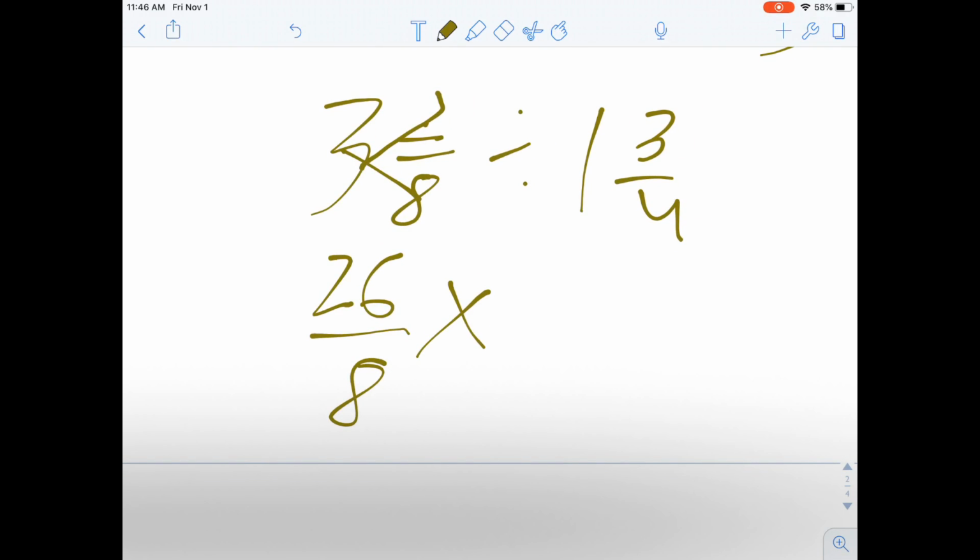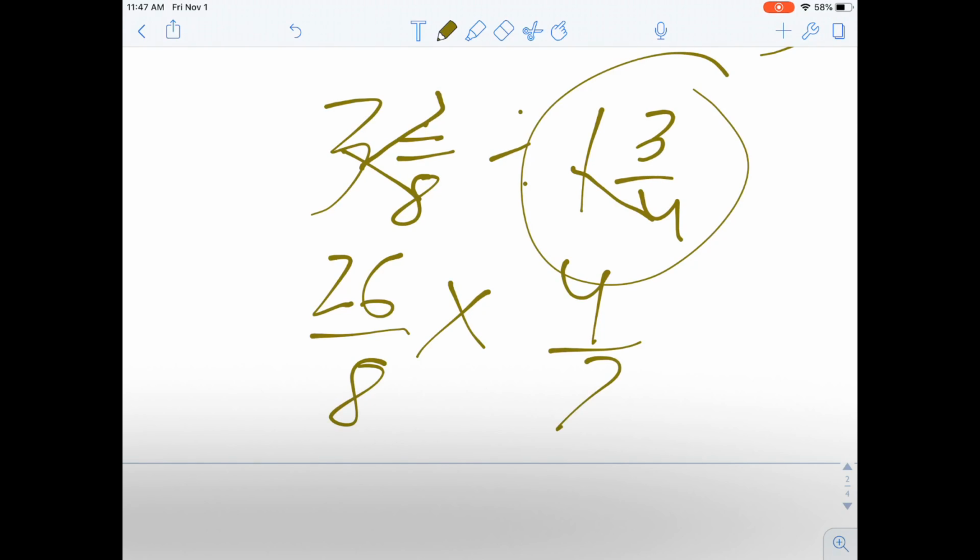then we change the second number into an improper fraction. So 4 times 1 equals 4, plus 3 equals 7. So 7/4. But since we're still finding a reciprocal, it would be 4/7. 4 divided by 4 equals 1, and 4 divided by 8 equals 2.